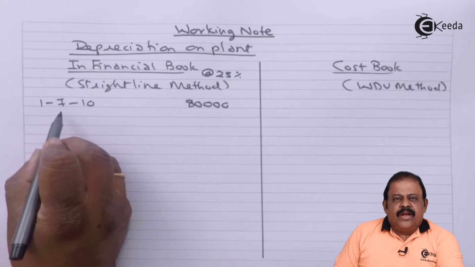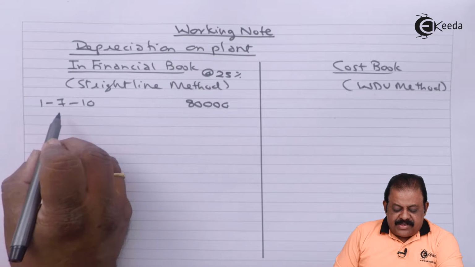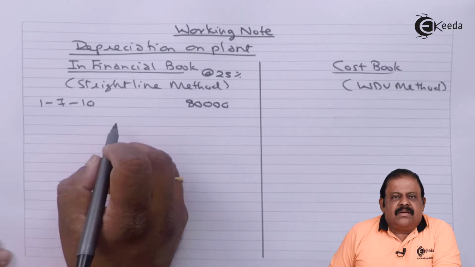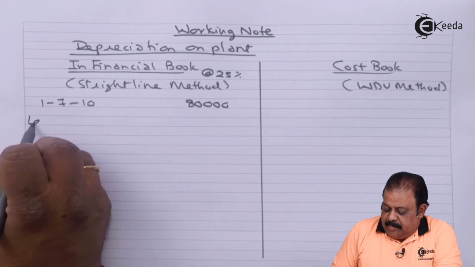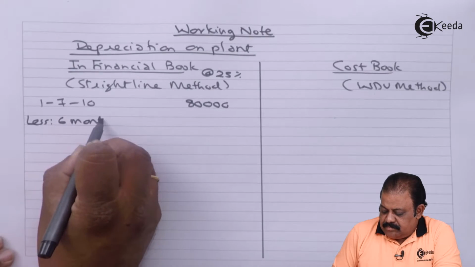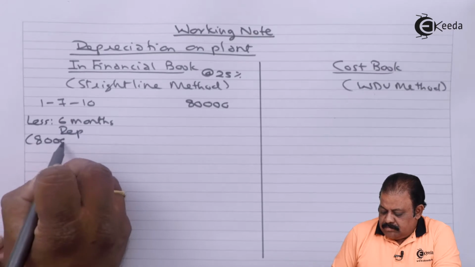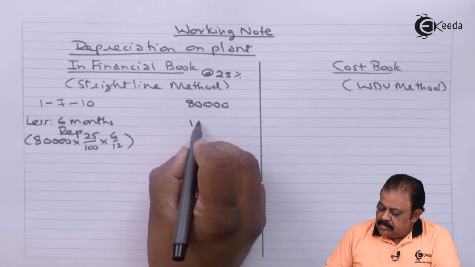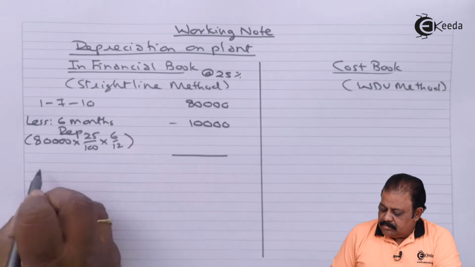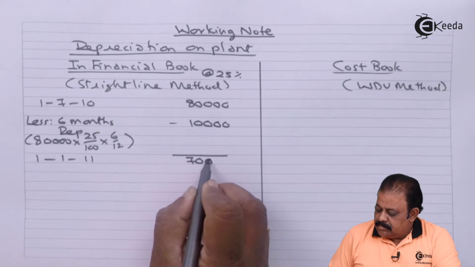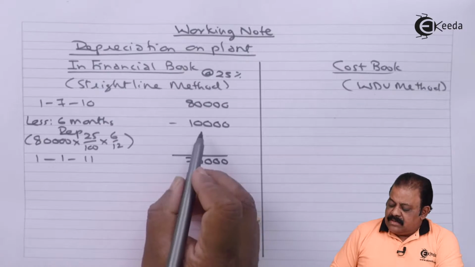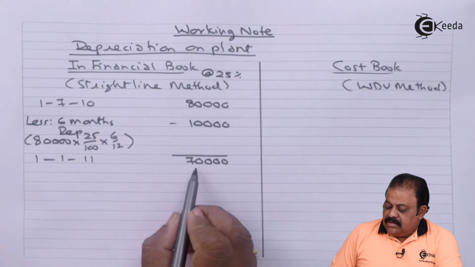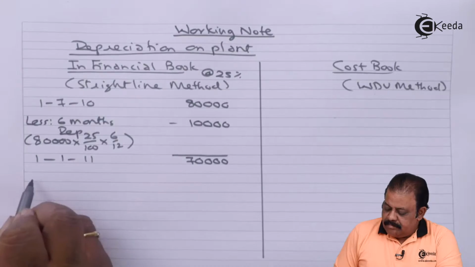So from July to December, that is for 6 months, it will be rupees 10,000. So written down value on 1st January 2011 is rupees 70,000.